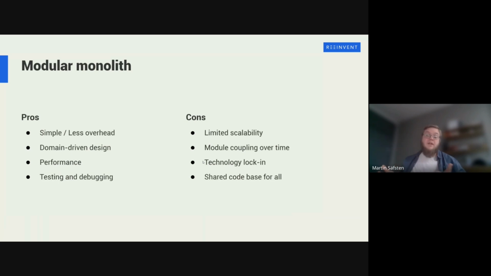Just in general, you have a shared code base. Over time, because everybody's working on the same code base, you could have merge conflicts. If parts of the system are shared, everybody works on the same stuff all the time. Scalability in terms of number of developers is a factor here.